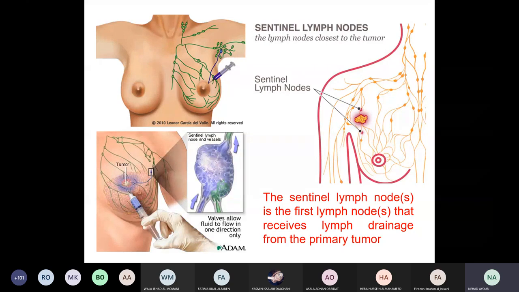That is questionable. So it is a kind of question: can we tell if there is lymph node involvement or not without the need to do axillary lymph node dissection?